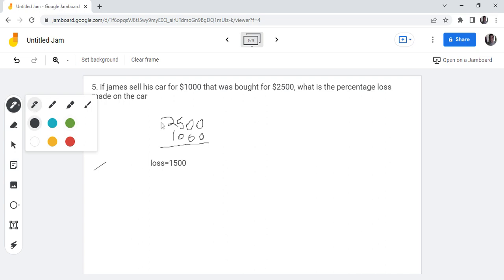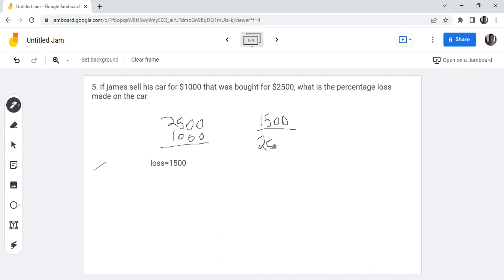What we are going to do is put 1,500. So we are going to calculate the loss percentage. So 1,500 over the cost price, which is 2,500. The car was bought for 2,500 and sold for 1,000.